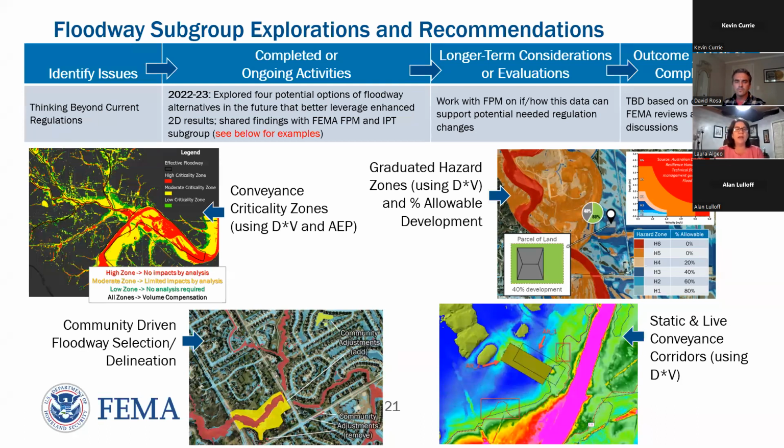One looked at criticality zones based on conveyance, using depth times velocity and annual exceedance probabilities to understand these critical zones for conveyance and allow development in those areas that were less critical. There were graduated hazard zones based on using the Australian Disaster Resilience Handbook and its flood hazard charts and looking at allowable development related to those.